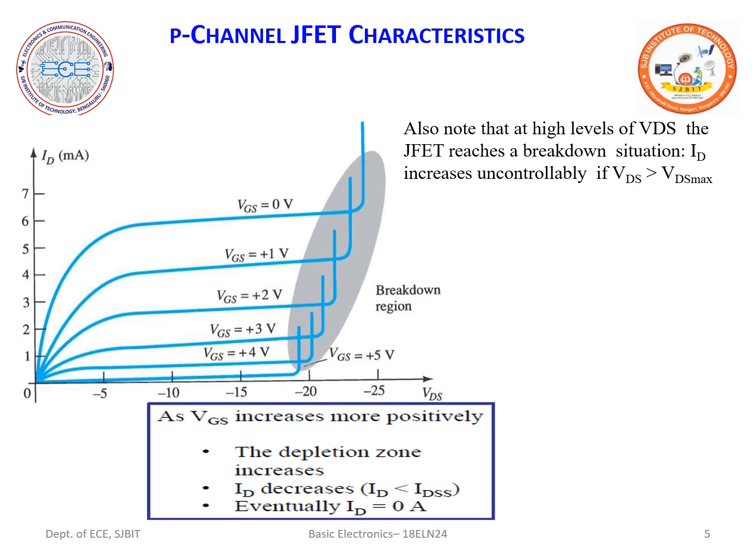As VGS increases more positively, the depletion region also increases and ID decreases. As we observe in the curve, as the VGS voltage increases, ID decreases, and eventually at some point ID becomes 0 ampere.